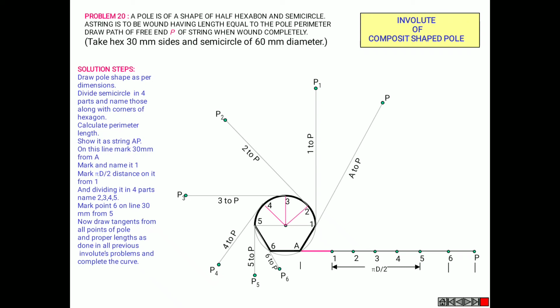Similarly 2 to P is from the 2 line, 3 to P is from the 3 line, 4 to P is from your 4th line, 5 to P is from your 5th line, 6 to P is from your 6th line. So join all these points smoothly in order to obtain your required involute.